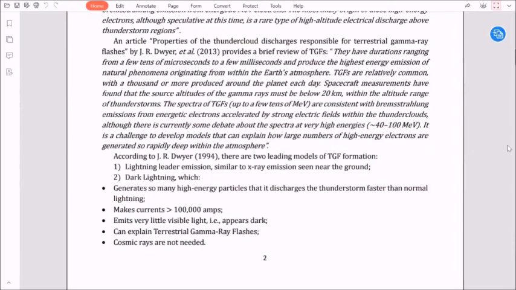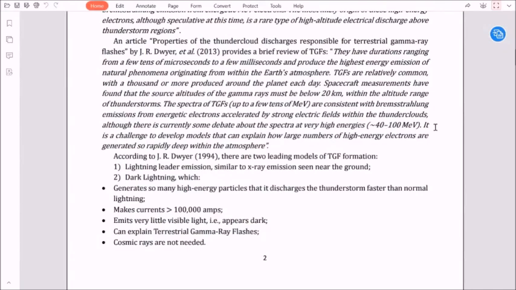Spacecraft measurements have found that the source altitudes of the gamma rays must be below 20 kilometers, within the altitude range of thunderstorms. The spectra of TGFs, up to a few tenths of megaelectron volts, are consistent with Bremsstrahlung emissions from energetic electrons accelerated by strong electric fields within the thunderclouds, although there is currently some debate about the spectra at very high energies, about 100 megaelectron volts.